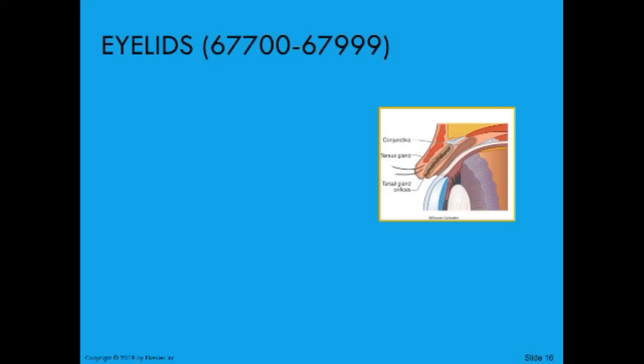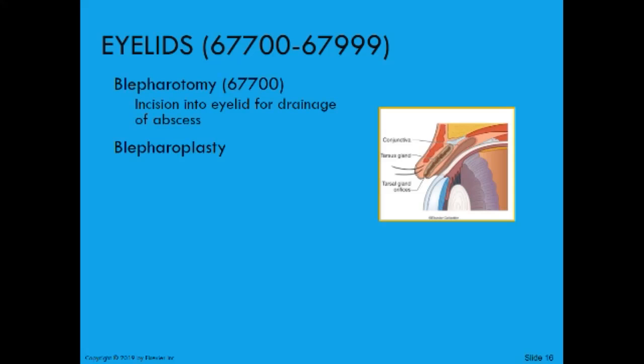Eyelids, 67700 through 67999. A blepharotomy is 67700. It's an incision into the eyelid for drainage of an abscess. Blepharoplasty is the repair of the eyelid.